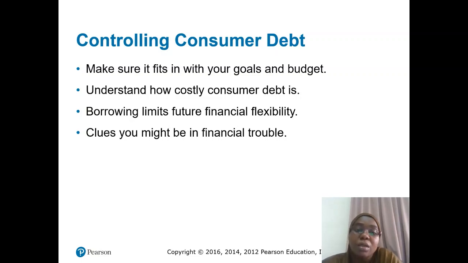Clues: you might be in financial trouble. If your consumer debt is not well controlled, then it could be a signal that you might be in financial trouble in the nearest future, especially for those that are reckless with their finances.